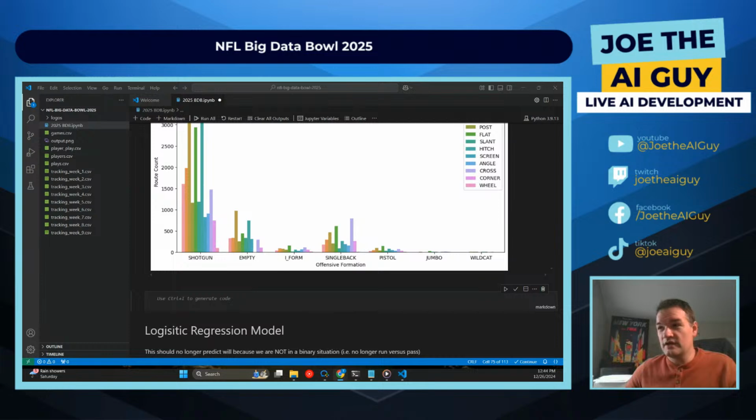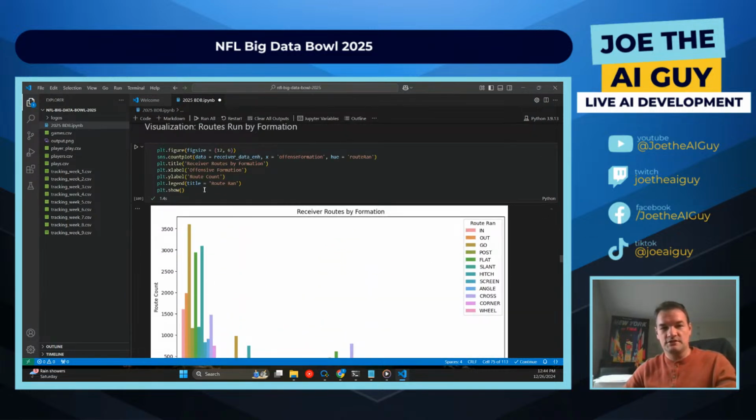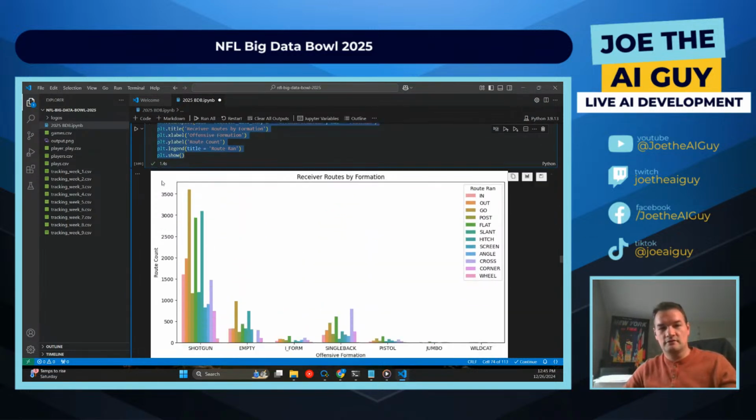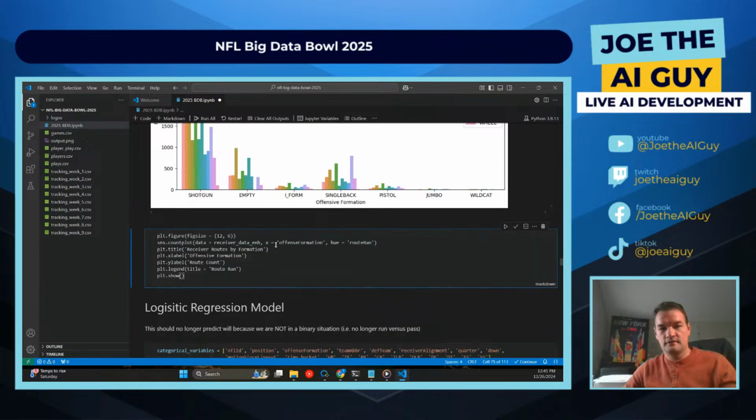All right, so then let's look at the pass coverage. It's going to be very similar here. I'm just going to bring this down. But instead, I want to look at that coverage.